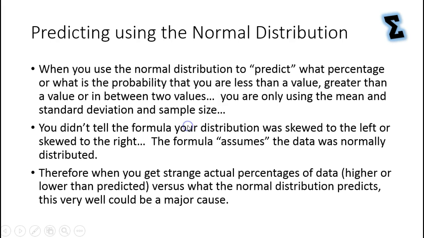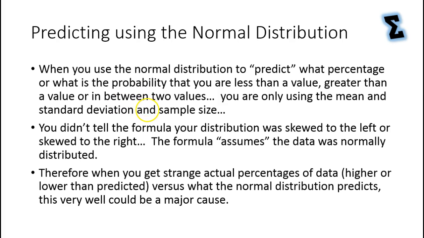Now, when you use the normal distribution to predict what percentage or what is the probability that you are less than a value, greater than a value, or between 2 values, you're only using the mean and the standard deviation and the sample size in some cases. But with our calculator, we just put in the mean and the standard deviation.